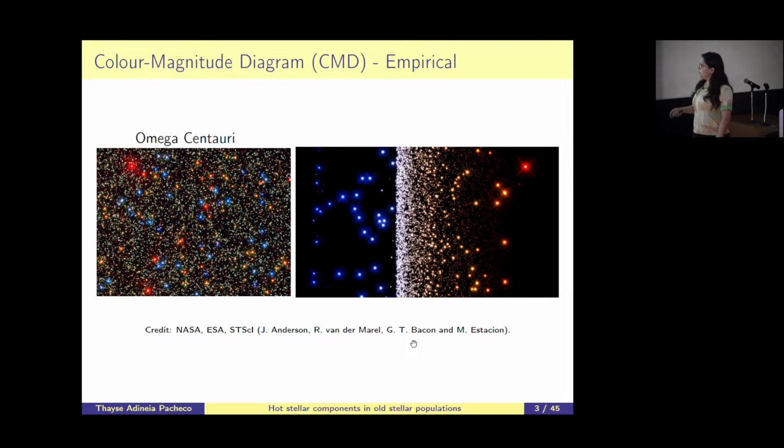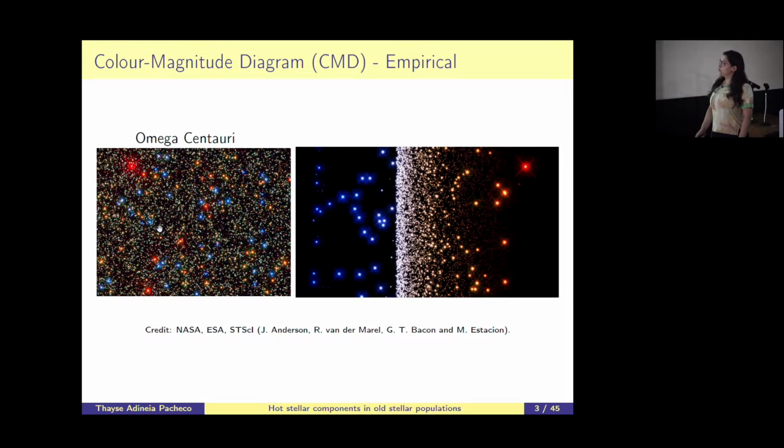Here I'm showing a beautiful image from the Hubble Space Telescope of Omega Centauri, which is one of the biggest globular clusters of the Milky Way. As you can see, we have bluer and redder stars. We can study these stars individually, so we can resolve the core of this globular cluster.